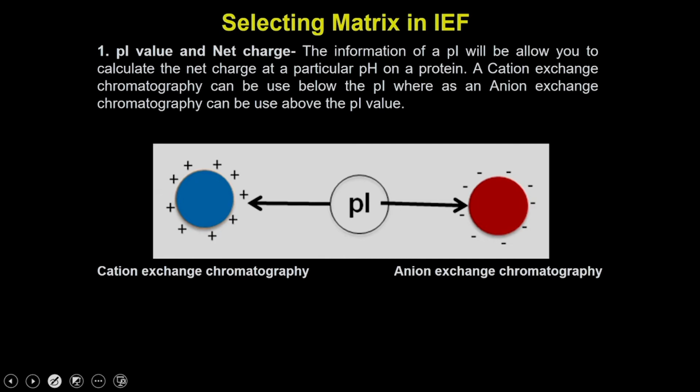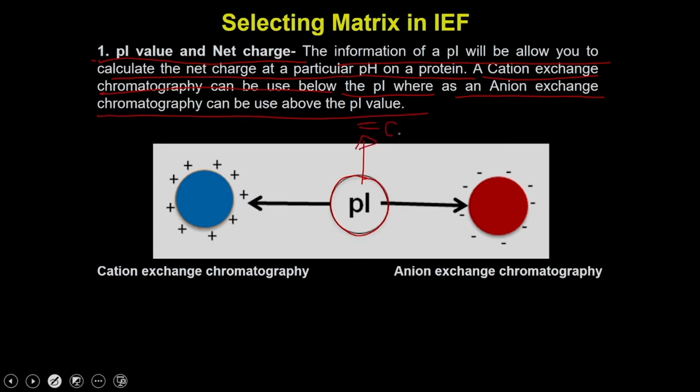And you can see how the pI is going to decide the net charge. The information of the isoelectric point will allow you to calculate the net charge on a protein at a particular pH. Cation exchange chromatography can be used below the pI, whereas anion exchange chromatography can be used above the pI value, which means at the pI value the protein is going to have a net charge of 0.